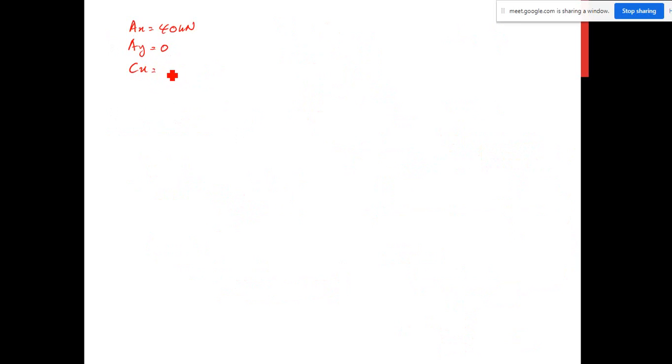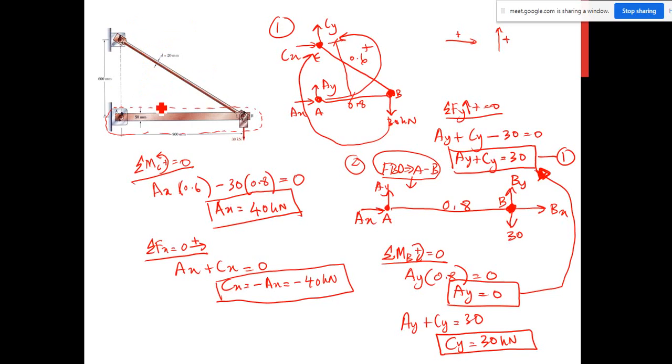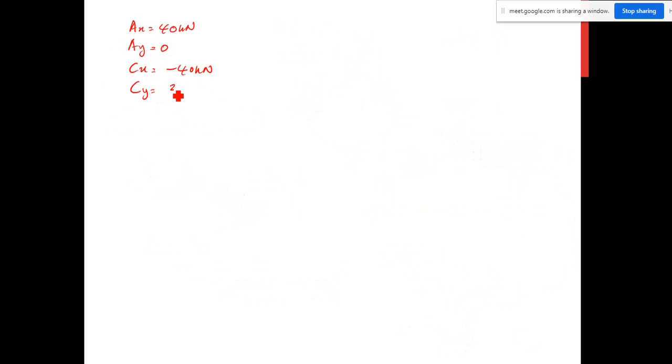Okay, CX equal to minus 40 kilonewton, and CY is equal to 30 kilonewton. Now we are going to calculate PAB and also PBC.